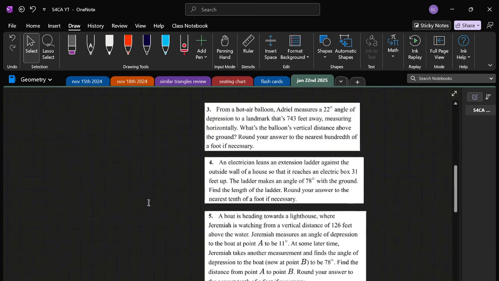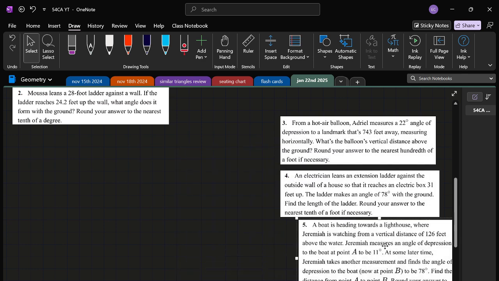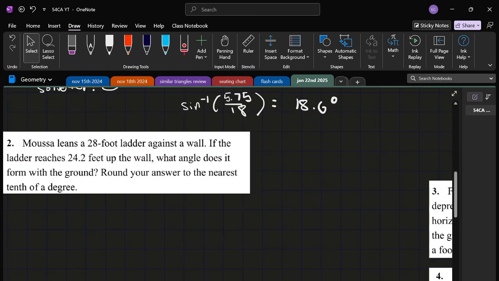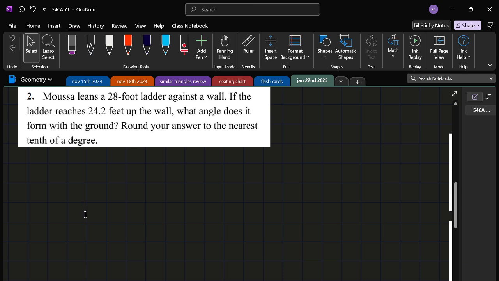Okay, number 2. It says Musa leans a 28-foot ladder against the wall. If the ladder reaches 24.2 feet up the wall, what angle does it form with the ground? This one is very similar to the one we just did.